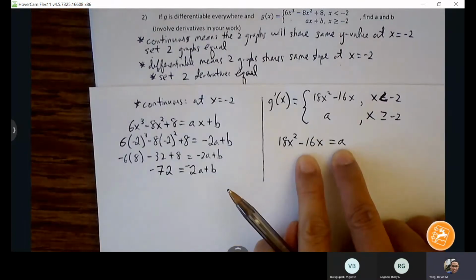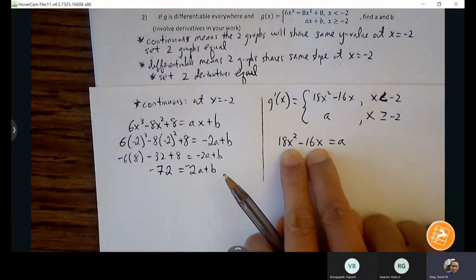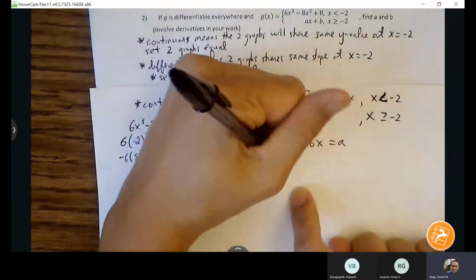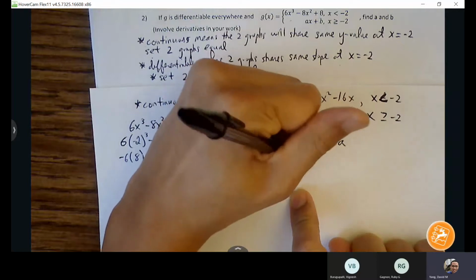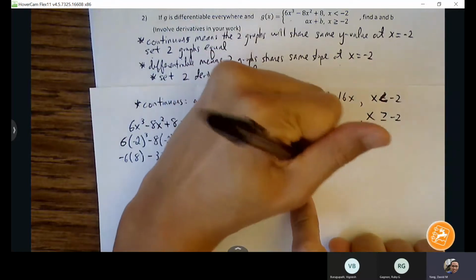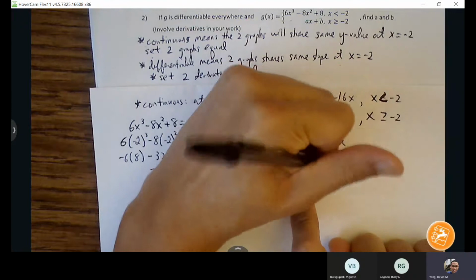Okay, what would you do next? Yeah, replace the x with -2. Okay, now these numbers are kind of large here. No calculators on the test, but I'll give you easier numbers to work with on the test.